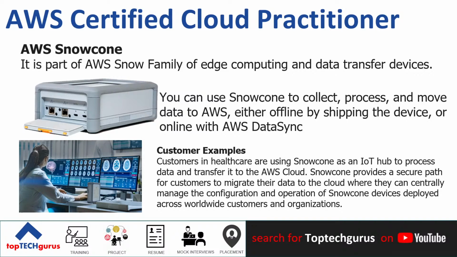This is typically used for short-term purposes where they don't have their own computing power. Say it's a workshop they have for a few weeks, and they want to do all this work, so they don't have to get their own computers for it. So they can get the Snow Cone, which has both computing capacity and storage.